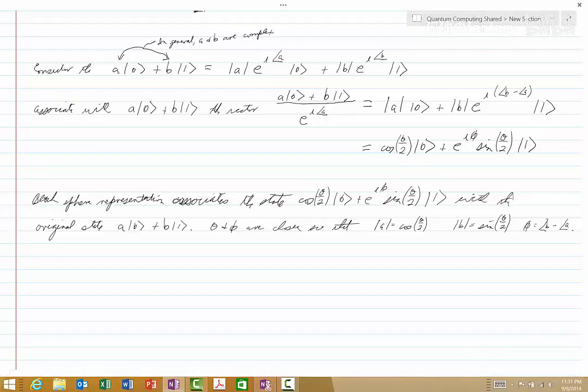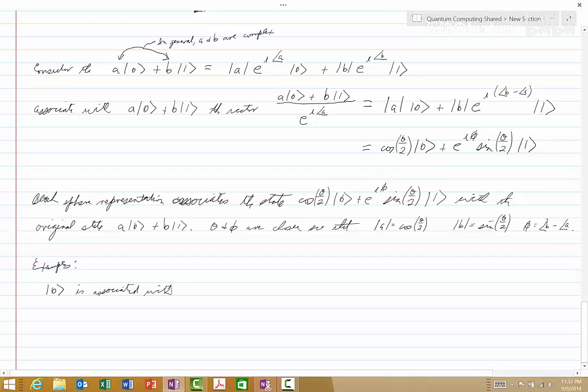Okay, so examples. Let's maybe take the 0 ket. When we take the Bloch sphere representation of that, what does it get associated with?